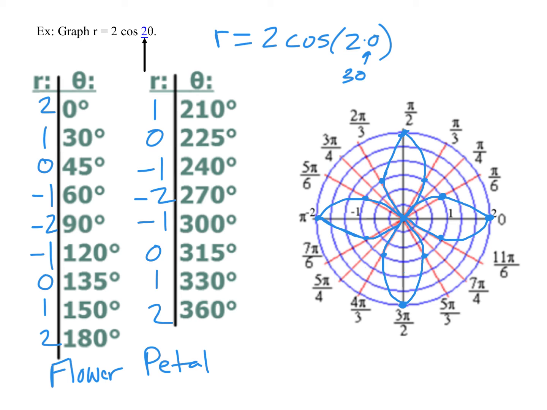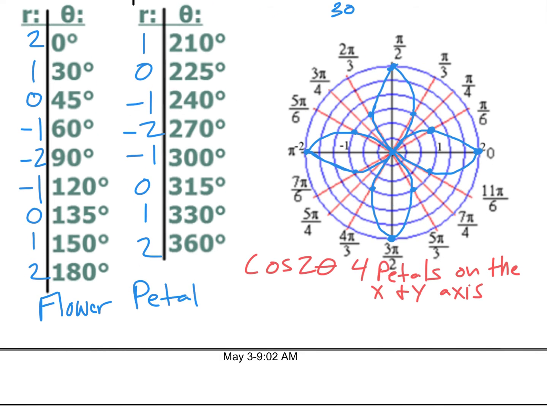So again, that was a flower petal. In general, because I did a cosine of 2 theta, you'll get 4 petals on the x and y axis. I didn't show you one here, and the next one's not going to be a flower petal.